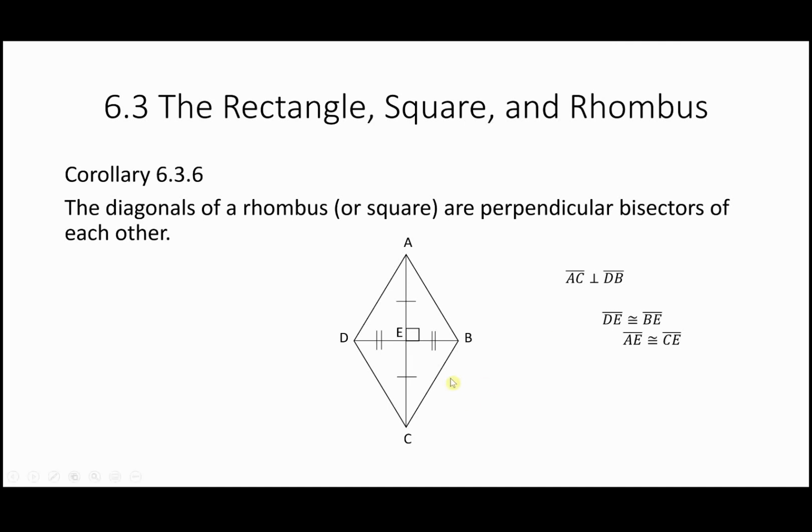Specifically, line segments DE and BE are congruent to each other. Notice they have two tick marks each. And then furthermore, line segment AE is congruent to CE, rather. AE and CE are congruent line segments as well.